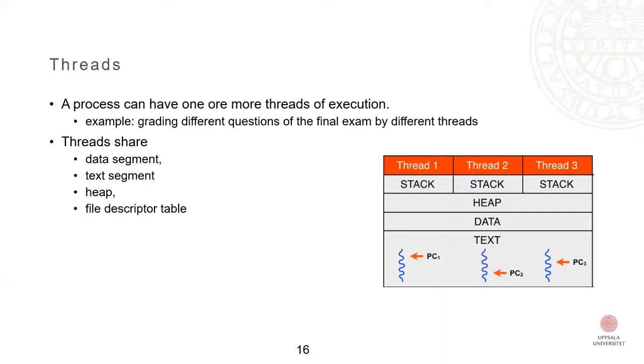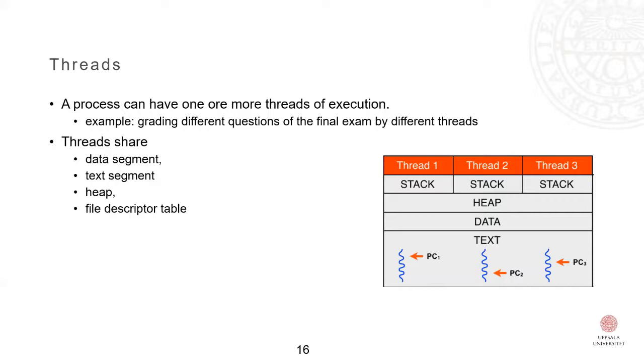Threads share some data with each other. For example, they share their heap and their data, and they share the text segment, which is the process code, because they are going to run the same code, but maybe different parts of it or different iterations of it.